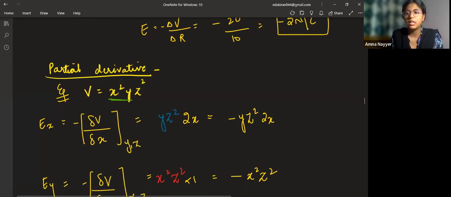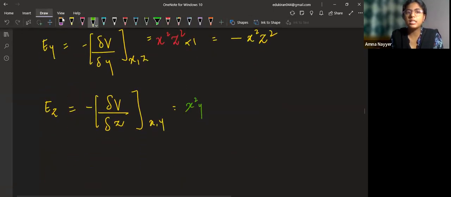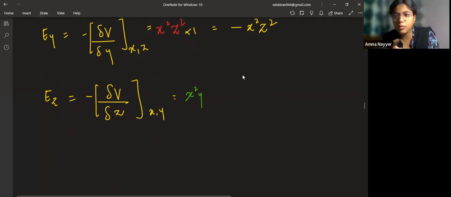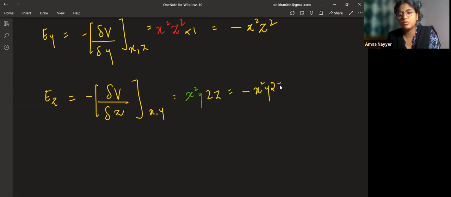This is how you will solve. Because x square y will come here as it is, and z square is left. The way Tarif you answered x square, z square also will be 2z. If x square was 2x, z square also will be 2z. So x square y will become 2z. Final answer is minus x square y 2z.